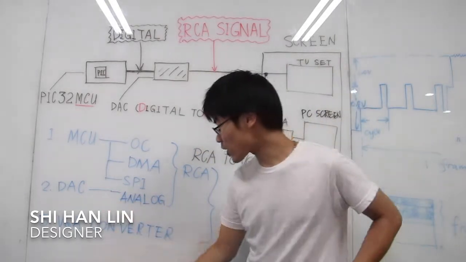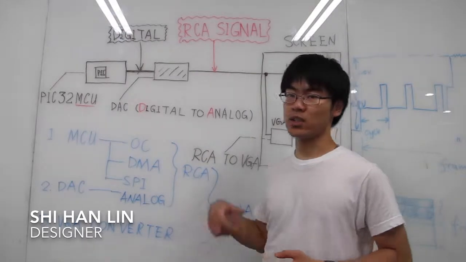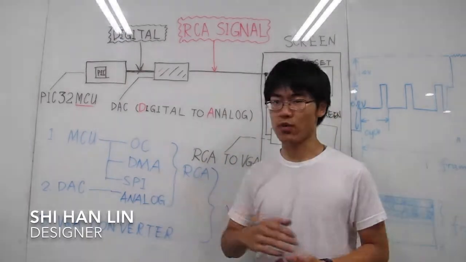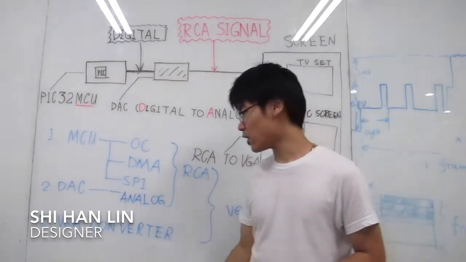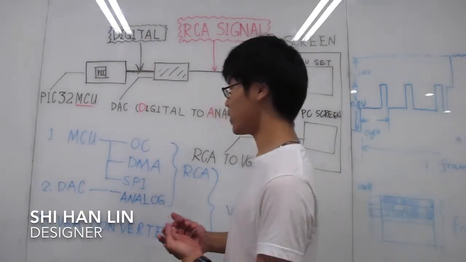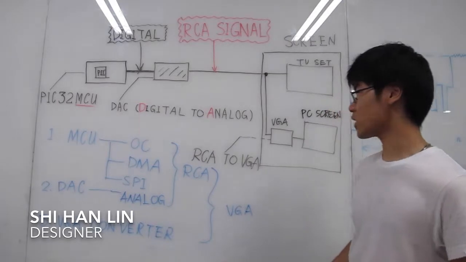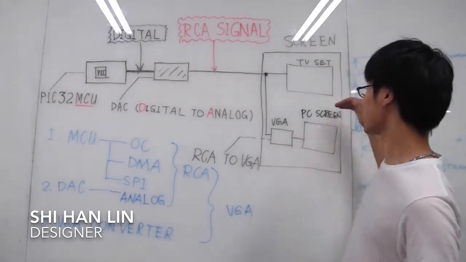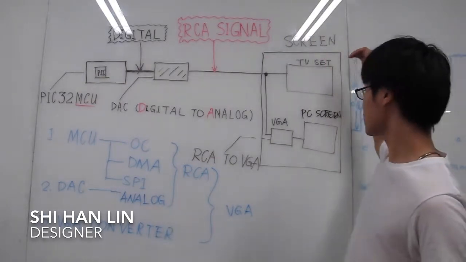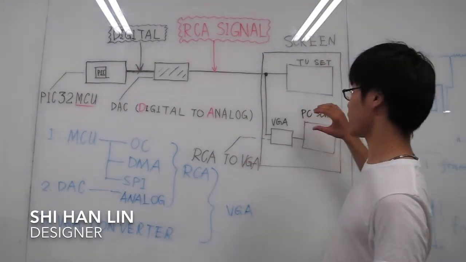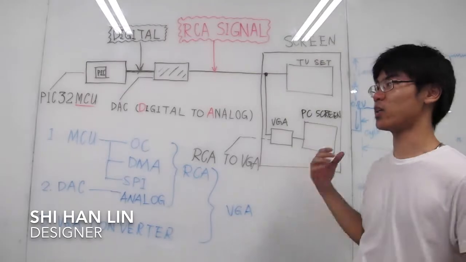And the DAC circuit, as I have said before, is used to convert the digital signal to an analog signal here. And the VGA converter, whether it is used really depends. It is optional, and if we use a screen which does not have RCA signal inputs, then we will use this part, and we will use the VGA in that scenario.